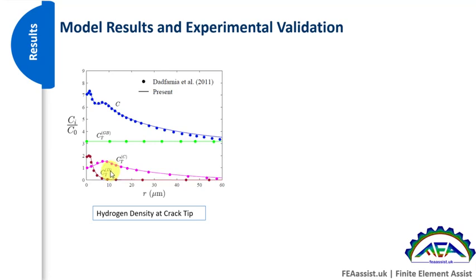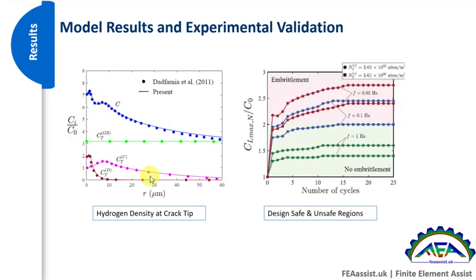The amount of hydrogen atoms trapped in dislocations. There is a very good agreement between the model and experiment. And by these hydrogen concentrations, we can define and design the embrittlement and non-embrittlement, unsafe and safe fatigue regimes like this one.